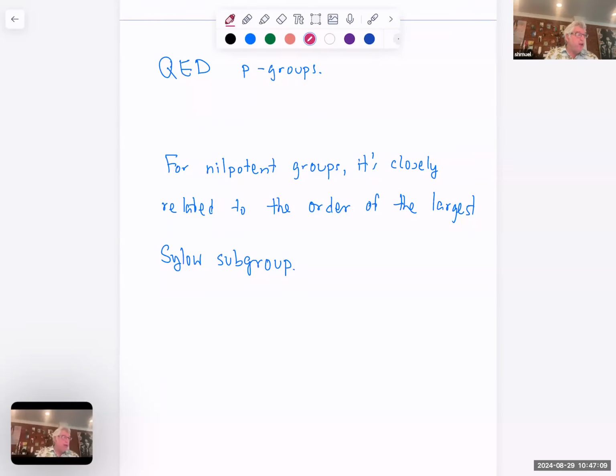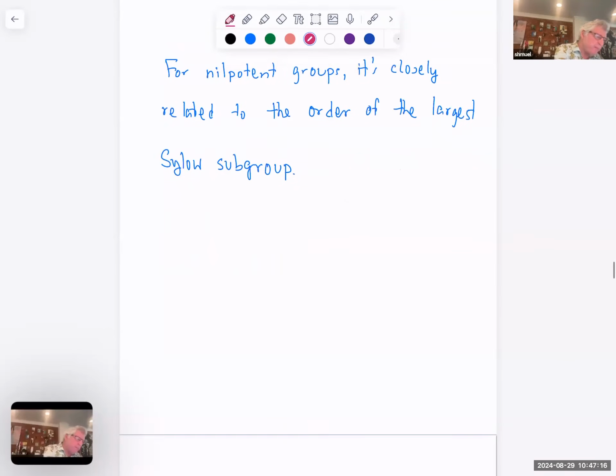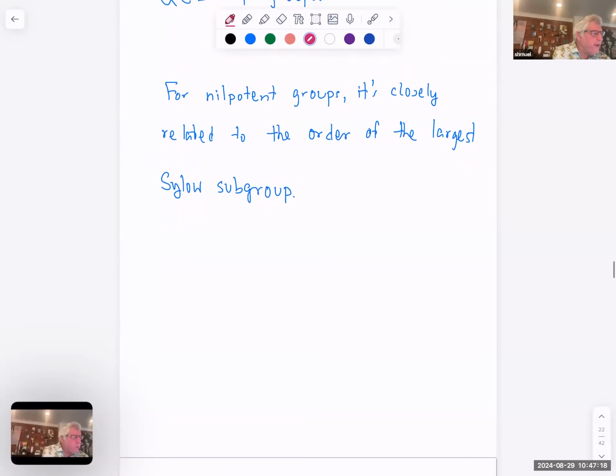Okay, and at least for nilpotent groups, in fact, in general, one can prove, although I'm not going to give the proof, that the analog complexity of BG when G is finite, and this is something that will appear in a paper of Ben and mine, is less than 3 times the order of the largest Sylow subgroup.